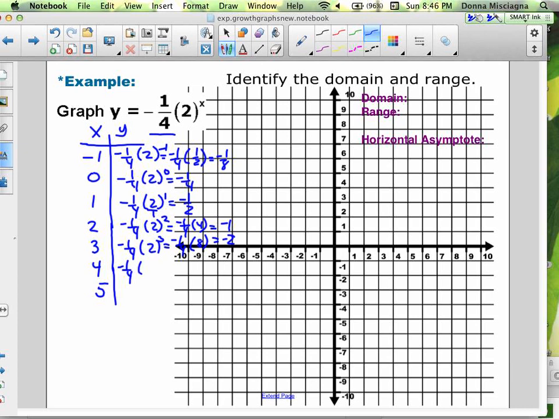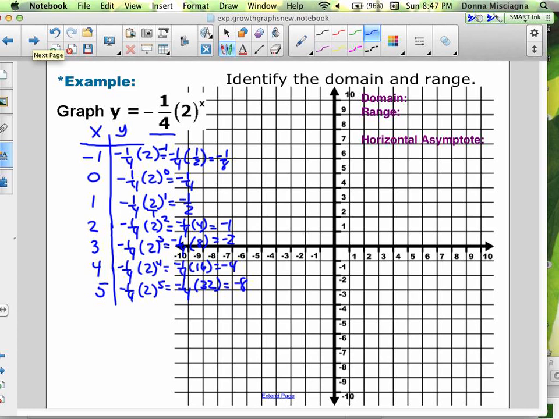Negative 1/4 times 2 to the 4th is going to be negative 1/4 times 16. That's negative 4. See how slow this is growing? Negative 1/4 times 2 to the 5th is negative 1/4 times 32. And that's going to be negative 8. You're going to be very good at raising numbers to a power after this. All right, so we're going to graph all of those. We want to graph as many as we can.